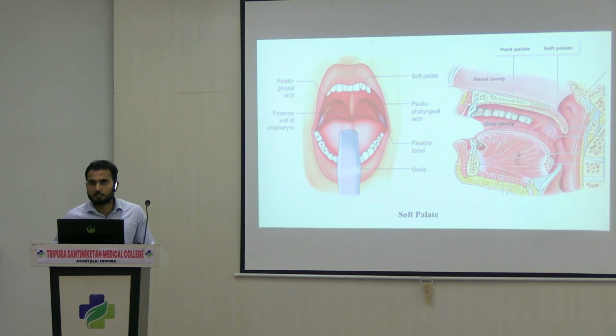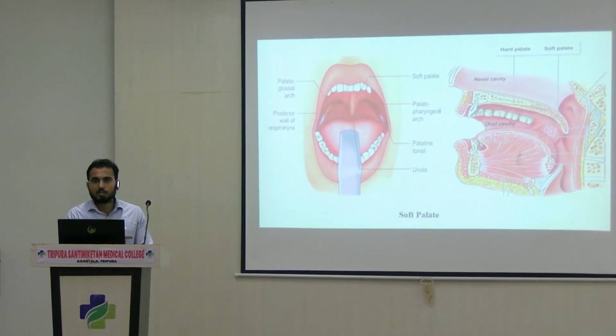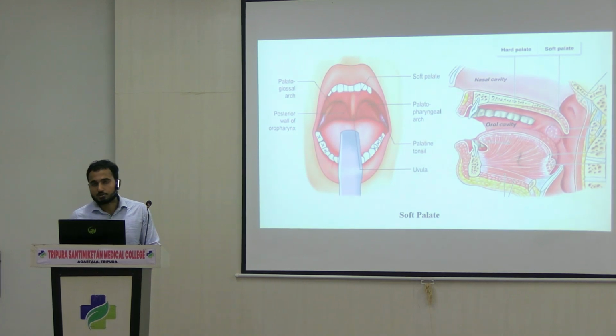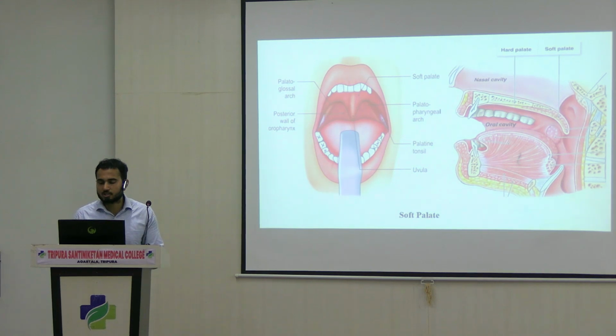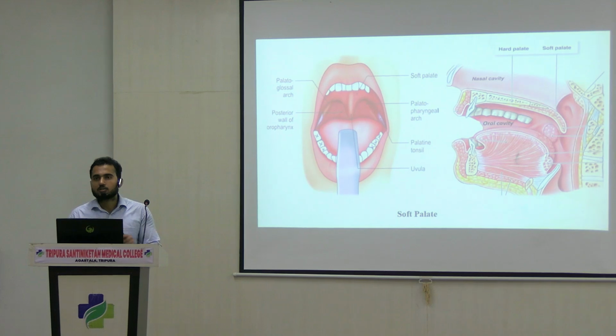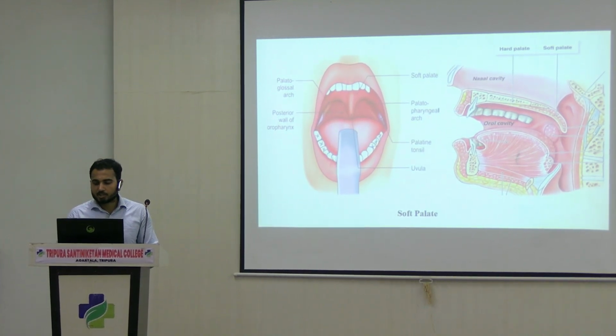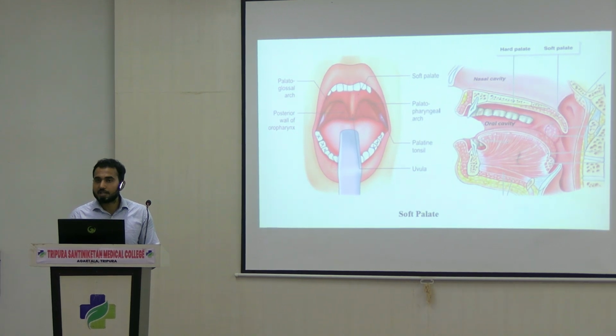This is a part of the soft palate. It is a conical, very small tongue-like projection hanging downwards from the middle of the soft palate. That is called the uvula.